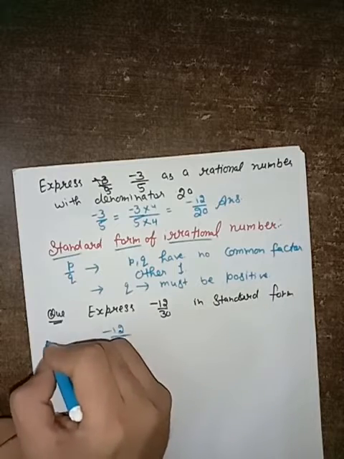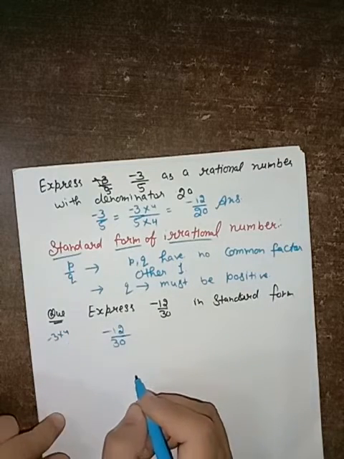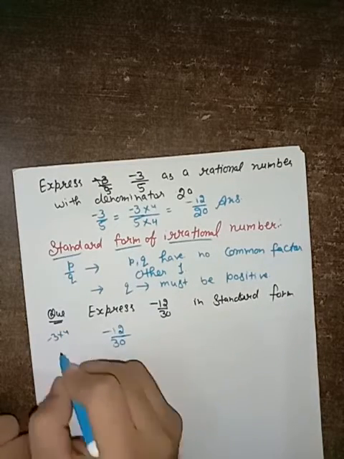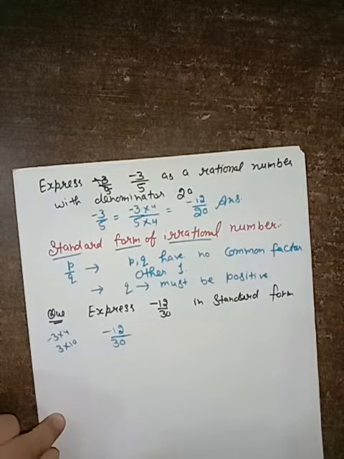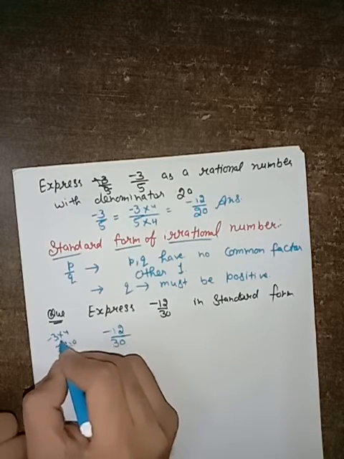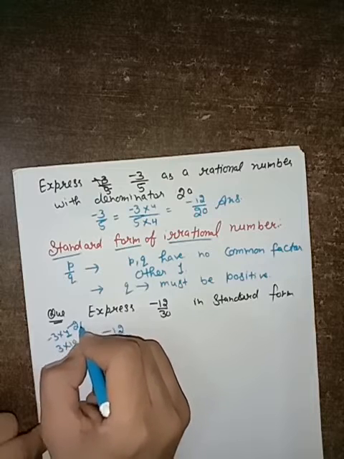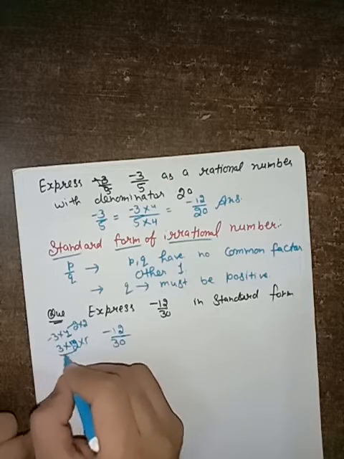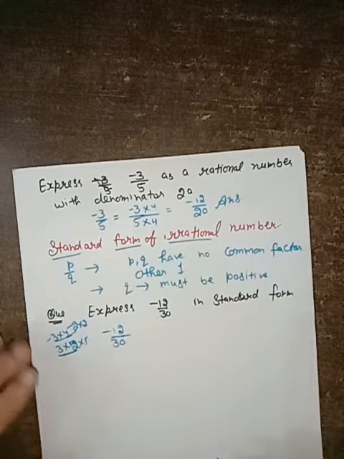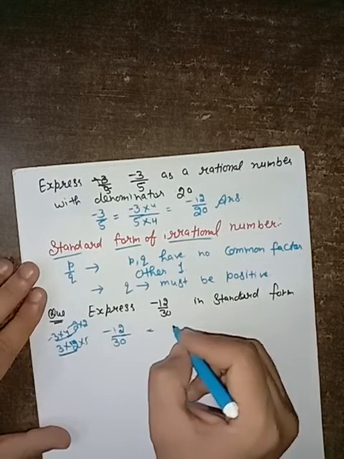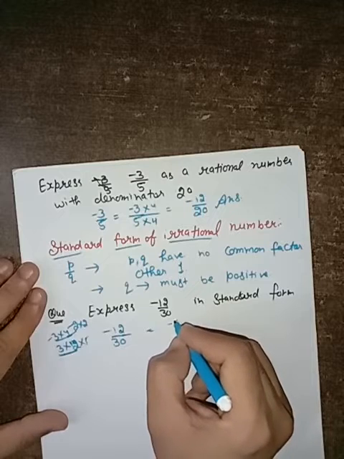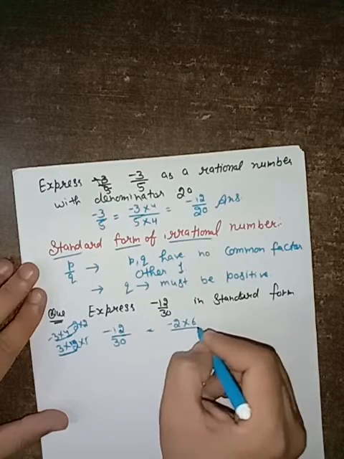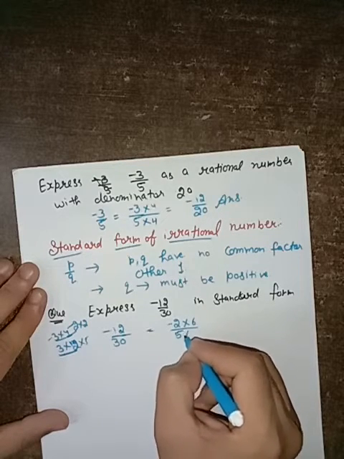Minus 12 means minus 3 into 4, and 30 means 3 into 10. Here 4 is further divided as 2 into 2 and 10 is 2 into 5, means 3 into 2 on both sides, means 6. Hence we can write minus 12 as minus 2 into 6 divided by 5 into 6.